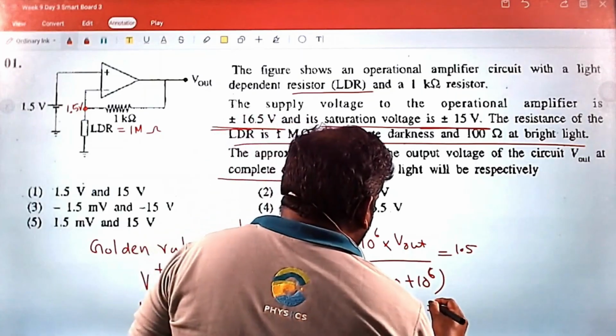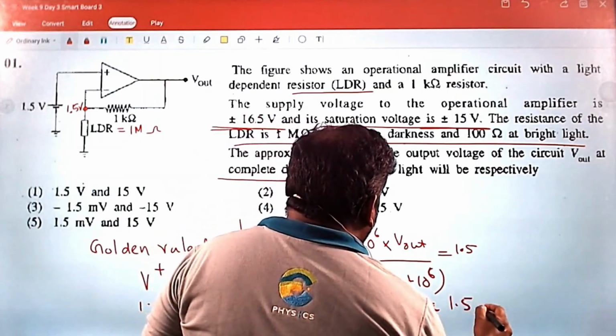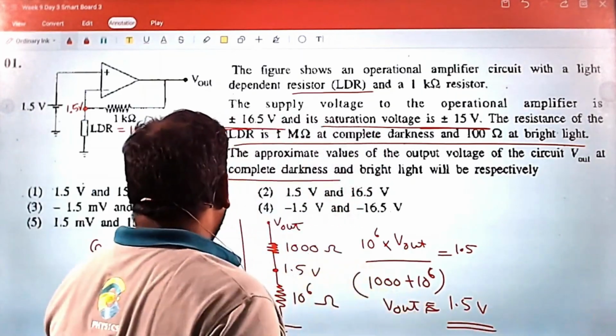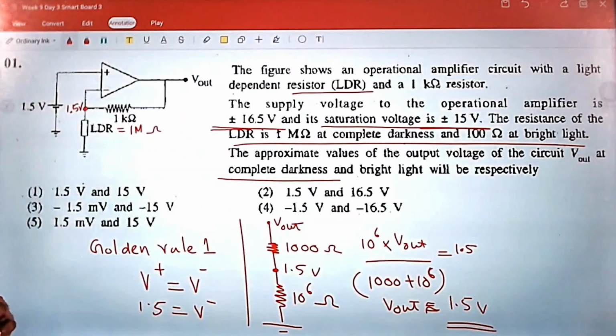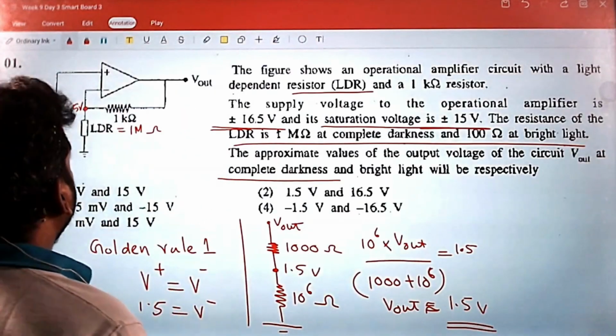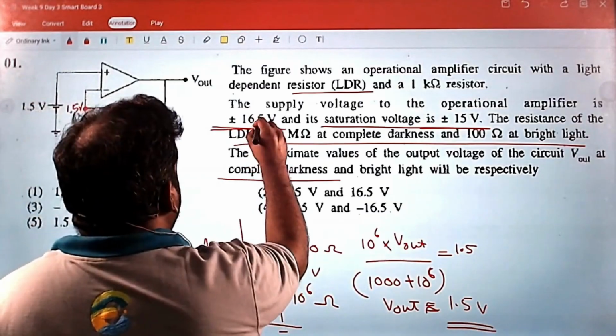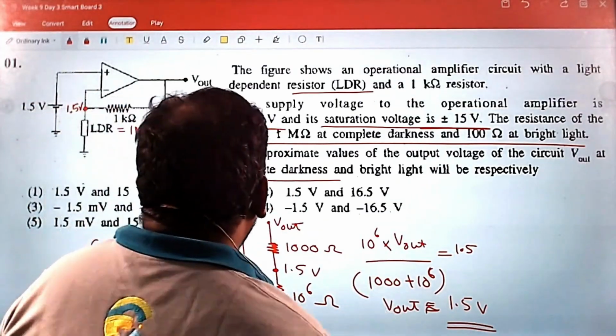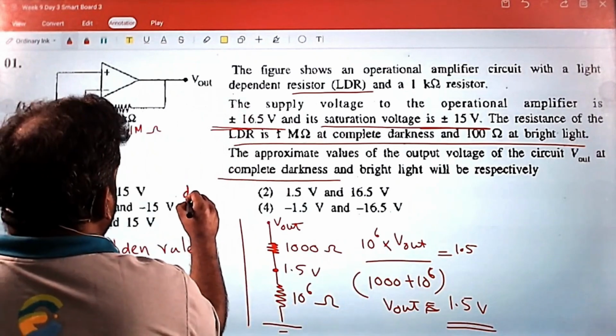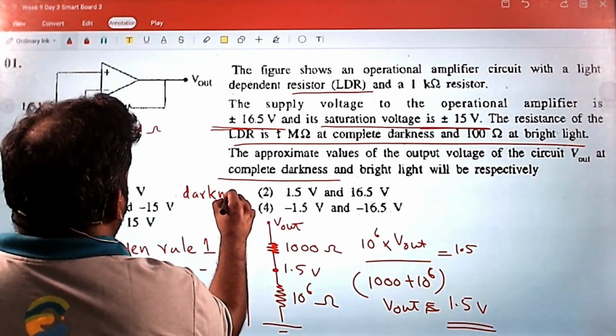So output voltage is going to be approximately 1.5 volts. That is less than the supply, so it's okay. This is in darkness.